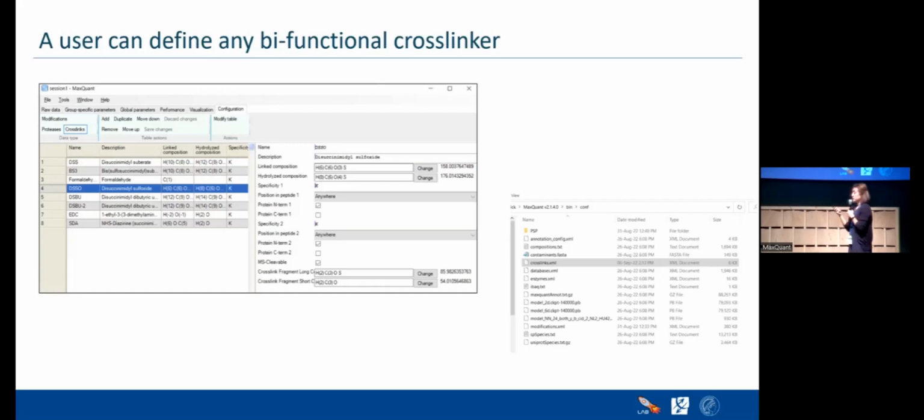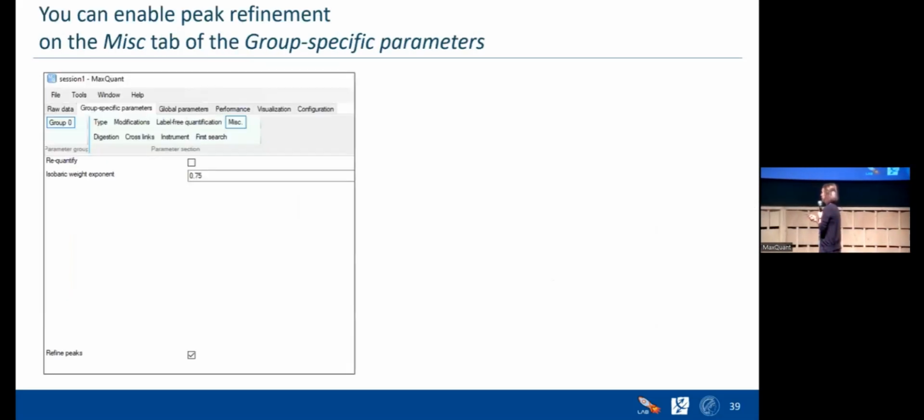Another tip: where do we also see the configuration files? They are under the configuration folder. And then here you will see the crosslinks XML. You could also go and check how the other crosslinkers are defined.